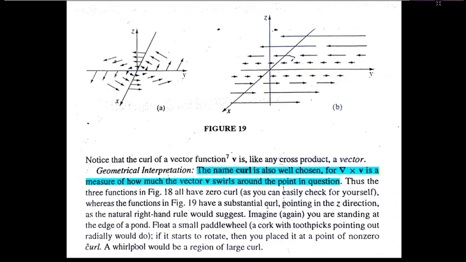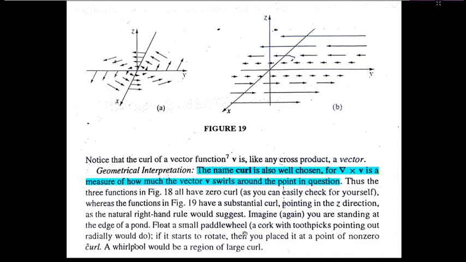So the direction, if you take del crossing with v, would be in the z direction, which can be interpreted by using the right hand thumb rule. And imagine that you are standing at the edge of a pond and float some paddle wheels.